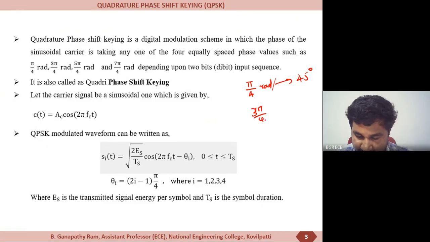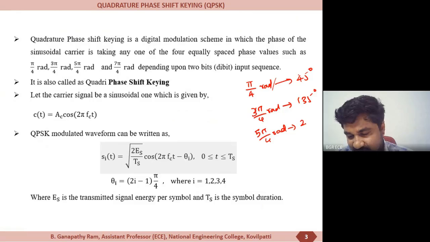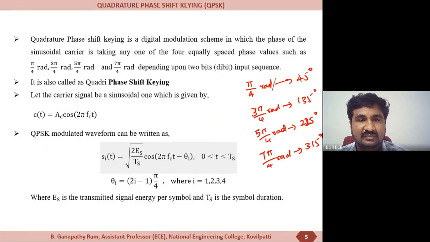Similarly, 3 pi by 4 radians or 135 degrees, 5 pi by 4 radians, that is 225 degrees, 7 pi by 4 radians, which is 315 degrees. Each of which are separated by 90 degrees apart, we have 4 separations and 4 phase angles. Hence, this modulation is called quadrature phase shift keying or quadri phase shift keying.